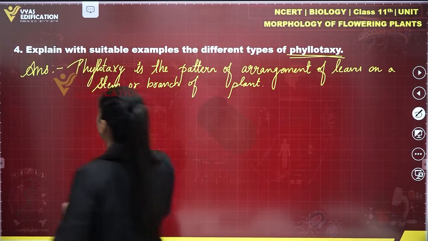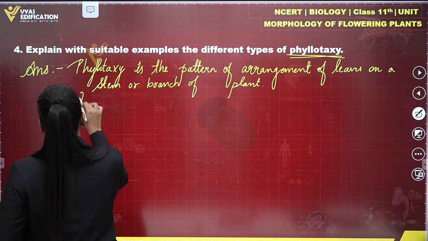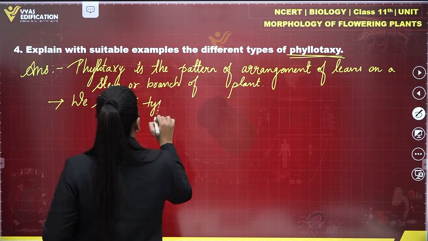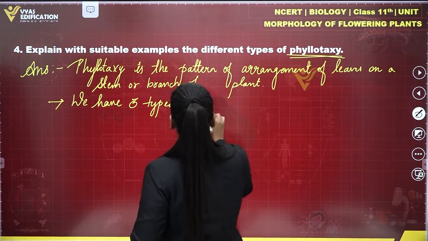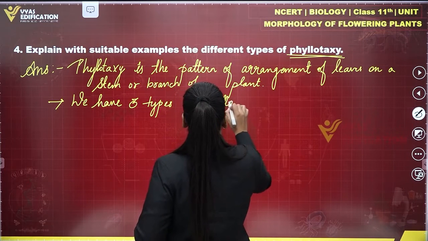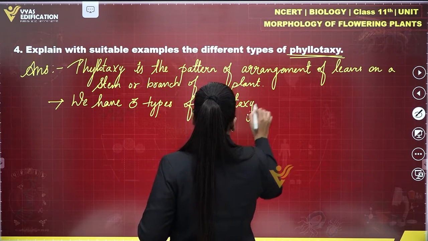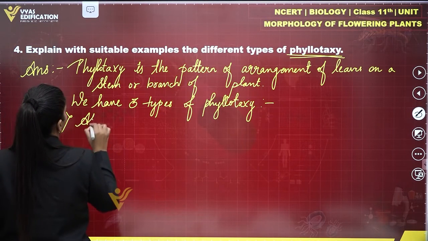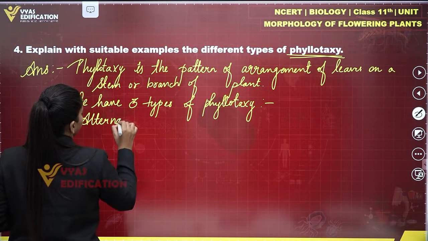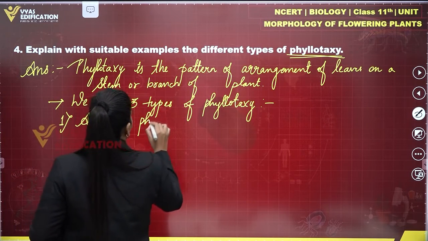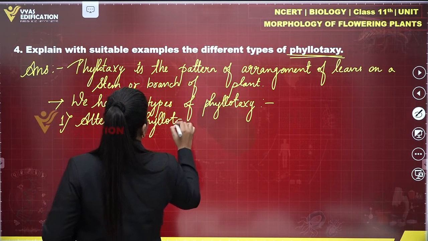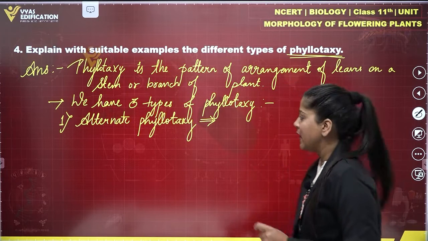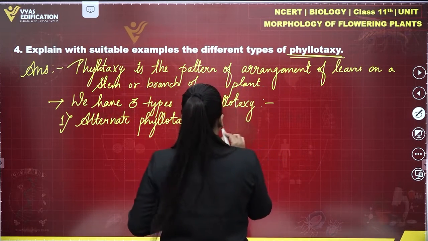We have basically 3 types of phyllotaxy. First is alternate phyllotaxy. What happens in alternate phyllotaxy?